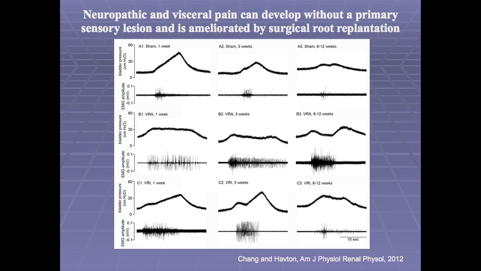So again, in this model, the visceral pain that is suggested to come up after the injury is ameliorated and shortened in duration when we do the root repair. So again, the root repair is a potential positive and good thing.